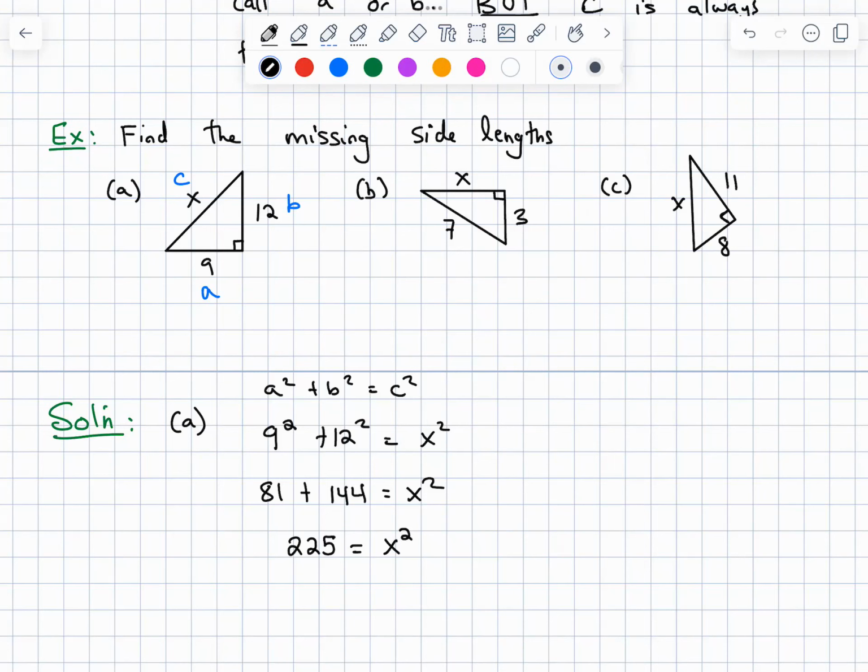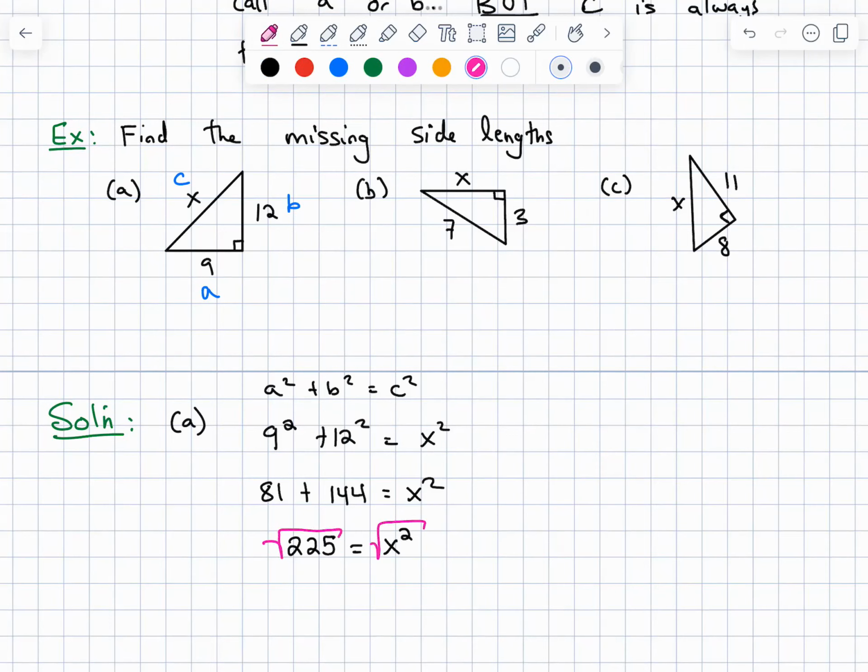And so now we have just a number equals our X value, but our X value is squared. So we're going to get rid of our little friend up top by undoing him. Since we squared, the opposite operation would be square rooting. So we'll take the square root of both sides.